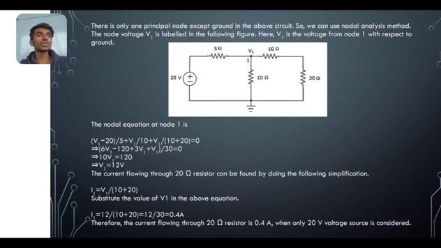I1 is equal to 12 divided by (20 plus 10), which is 12 by 30, which is equal to 0.4 ampere. Therefore, the current flowing through the 20 ohm resistor is 0.4 ampere when only the 20 volt source is considered.